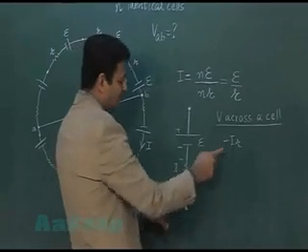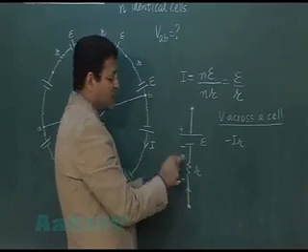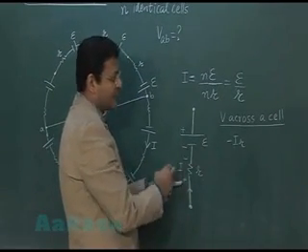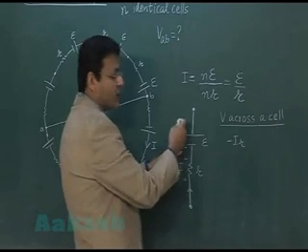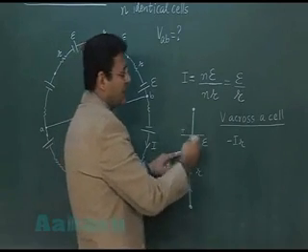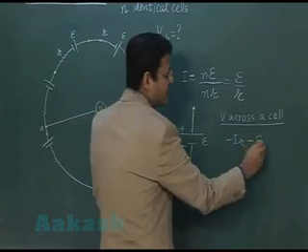Why minus Ir? Because you are moving from plus to minus, from higher to lower potential, and then you are jumping across this EMF, so there will be a gain of plus E.